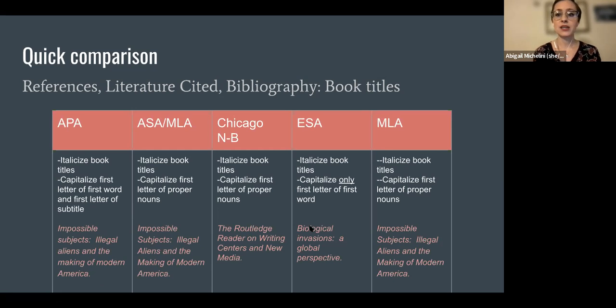So notice ESA also does not capitalize every word. They don't even capitalize that first word after a colon, whereas APA does. So again, just something to pay attention to. You see a book, you see a journal article, you're going to pay attention to whether it's capitalized or not and where it's capitalized.